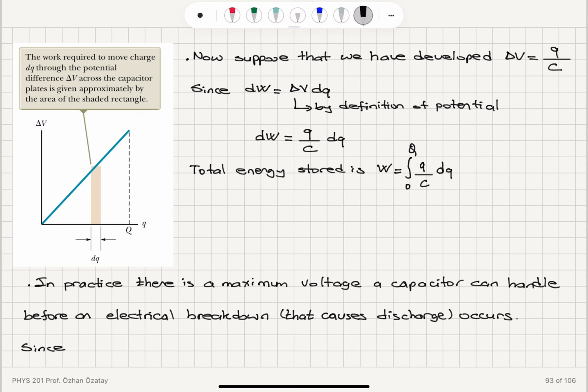And this work that we're doing is equal to the change in potential energy of the system. We have stationary charges at the end of the process and at the beginning. So basically, work done is equal to change in potential energy, which is electrical potential energy.